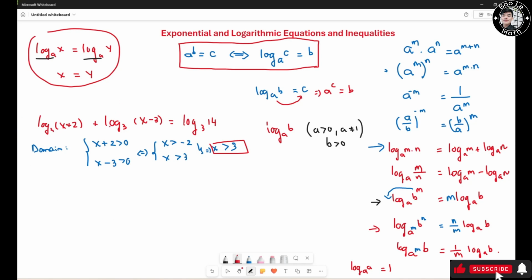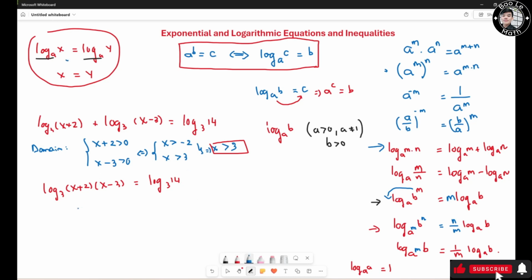Alright, so I'm going to use the sum to convert it to a product. So it turns out to be log base 3 of (s plus 2) times (s minus 3) equals log base 3 of 14. So I just use the formula right here.